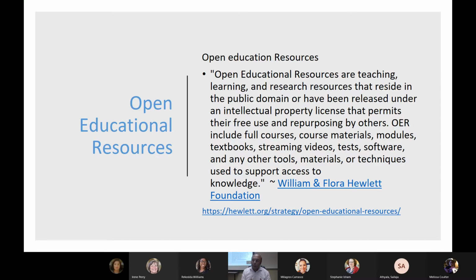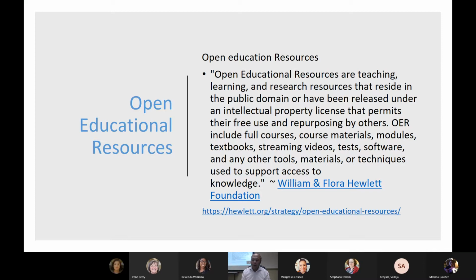OER materials should be in the public domain, and anyone can access, remix, and revise this material, and use all of it for free.